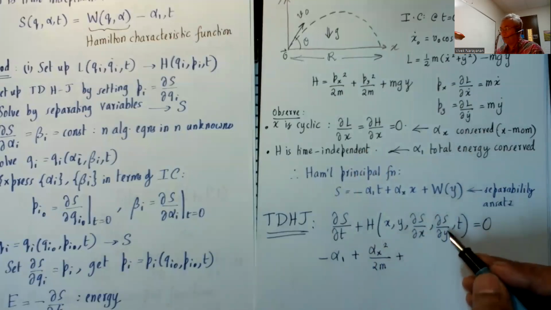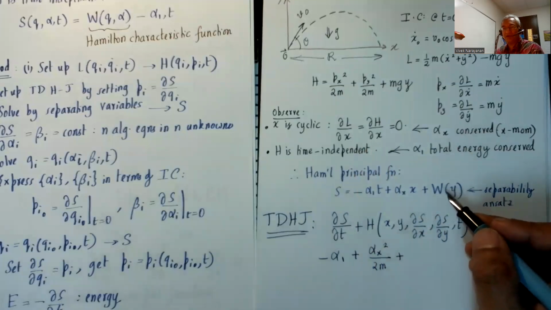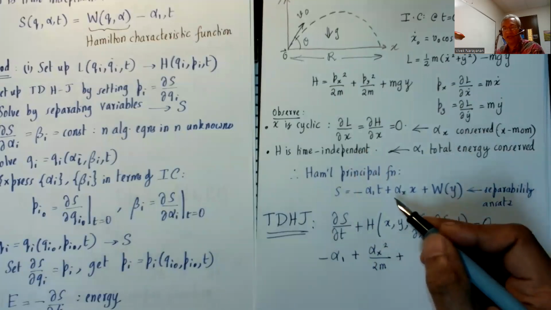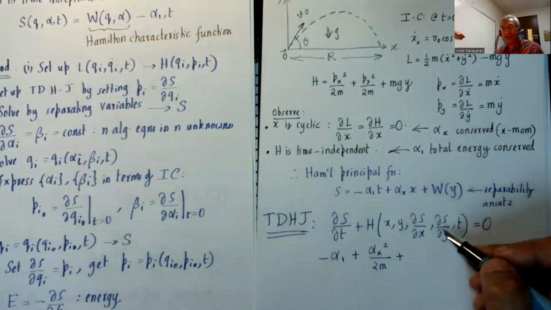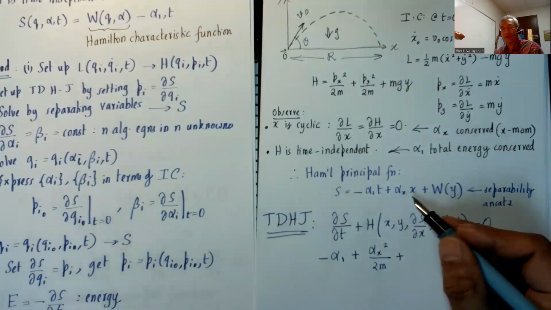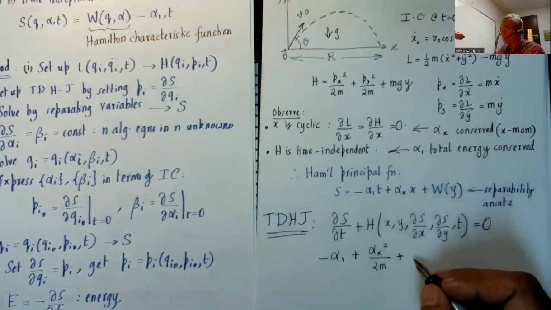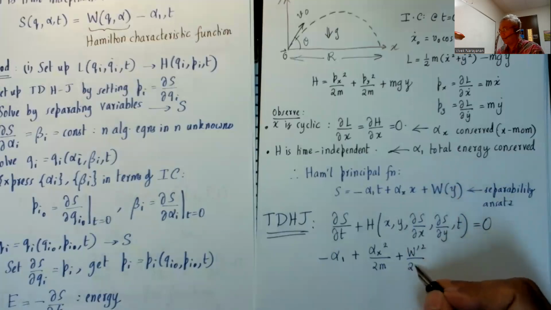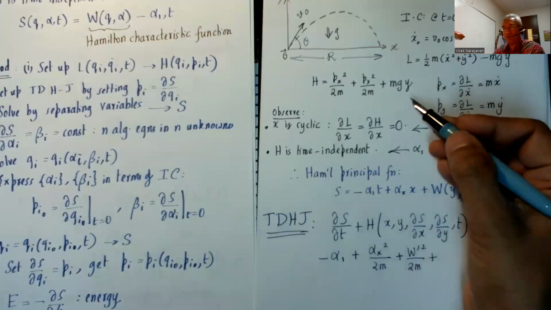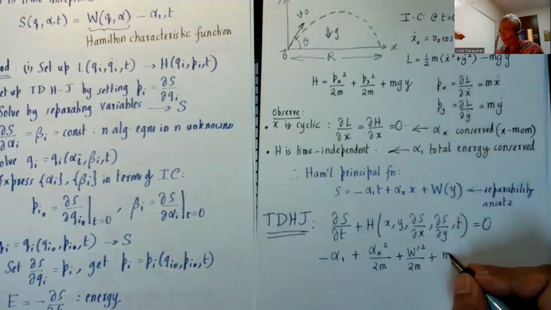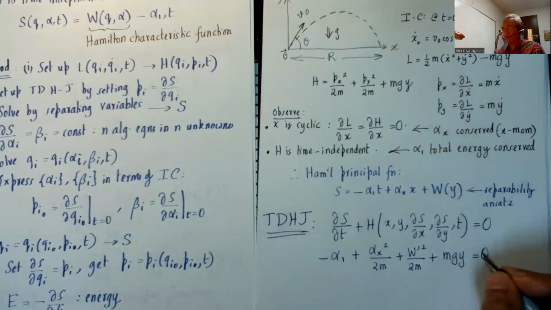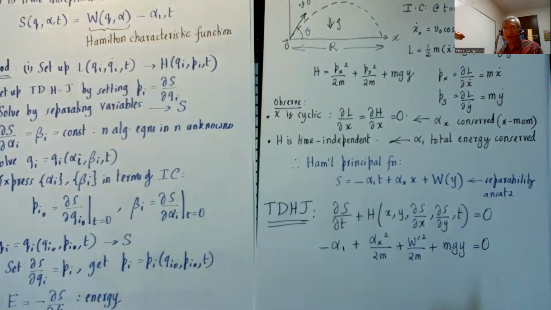Now for del S by del y, I have to write the derivative with respect to y, because when I do del S by del x, I just get alpha x. But when I do del S by del y, these two terms won't contribute, but this term will. It's the derivative of W. So I get W prime squared over 2m, and then I have mgy all by itself, equal to 0.